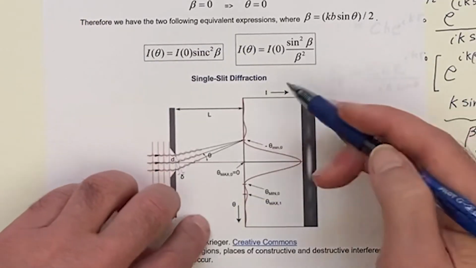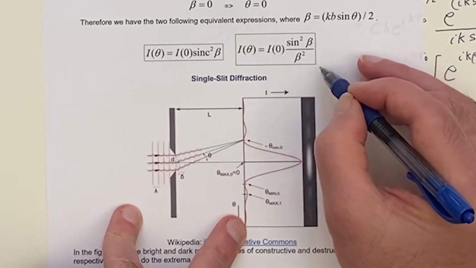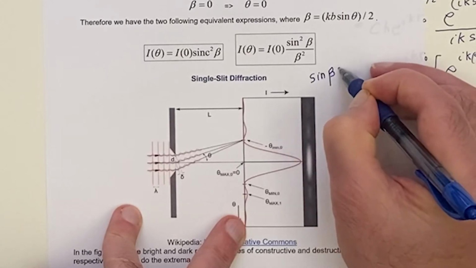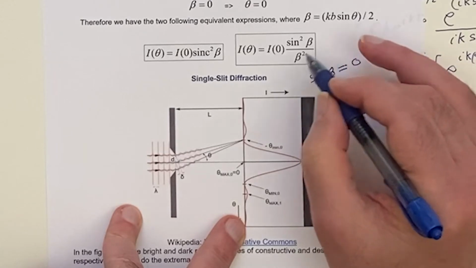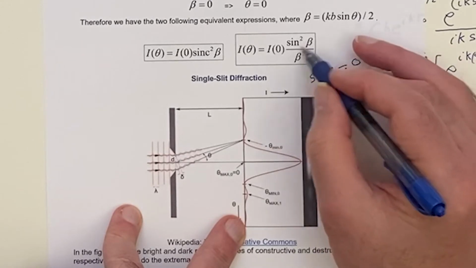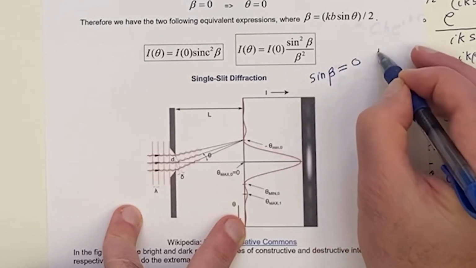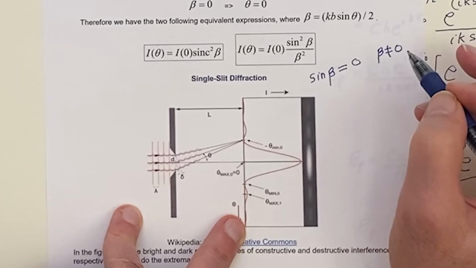Well, the minima are going to be easy because that's when the sine of beta goes to 0, except for beta being 0, because with L'Hopital's rule we showed that was 1, but say for beta not equal to 0, but the other places.